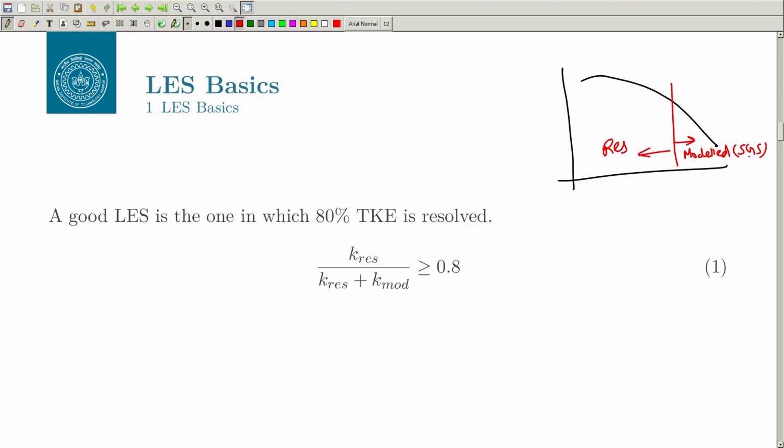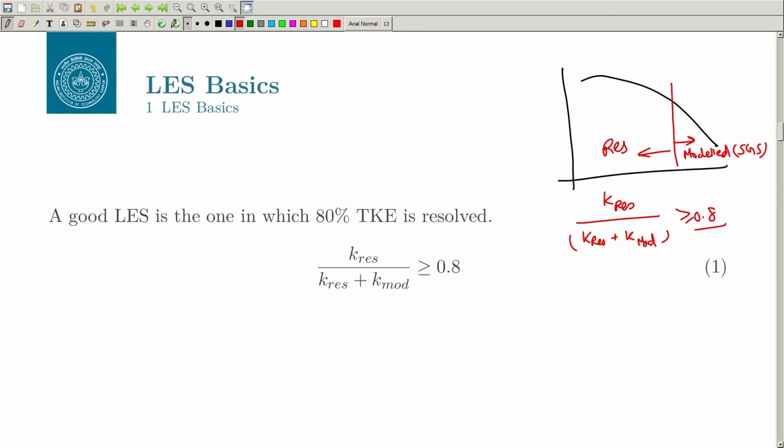So, my resolved kinetic energy, K RES, divided by total kinetic energy, which is K RES, the resolved turbulence kinetic energy, plus K modeled, should be greater than or equal to 0.8 or 80%, right. That is what we are talking about, but now how do we calculate this value?